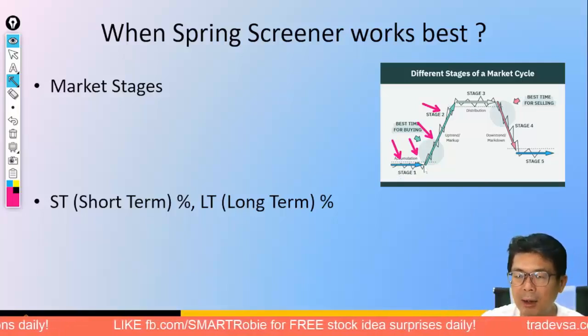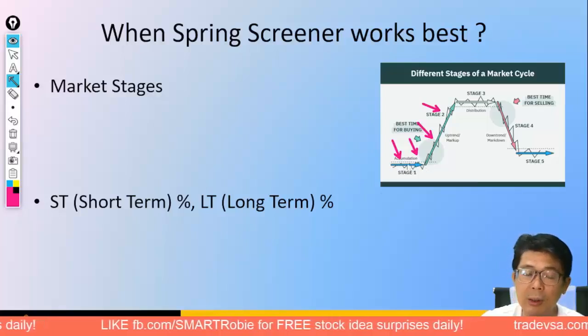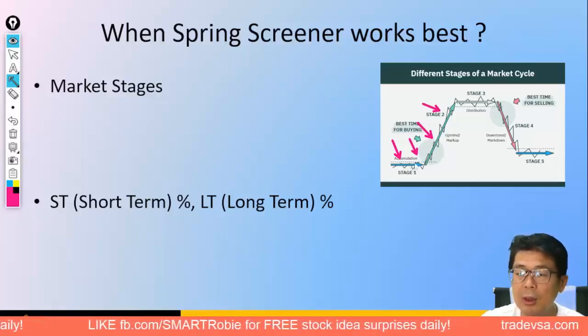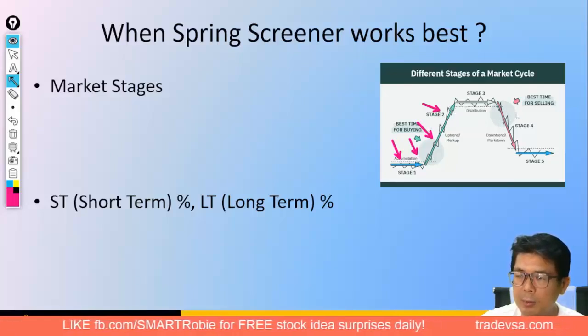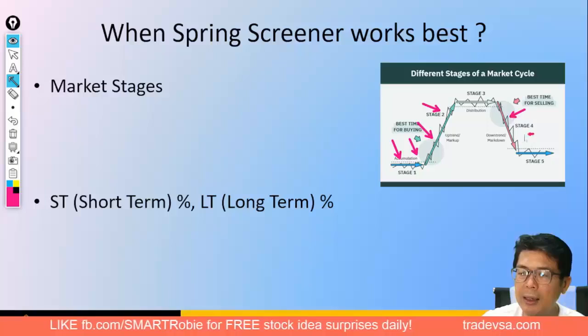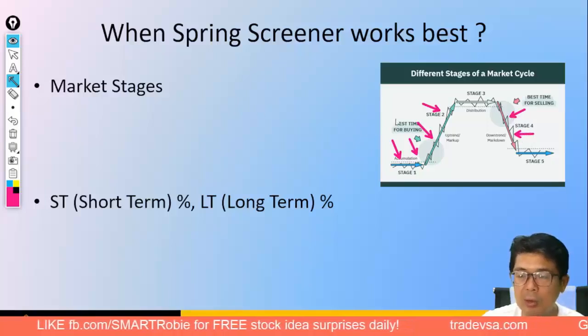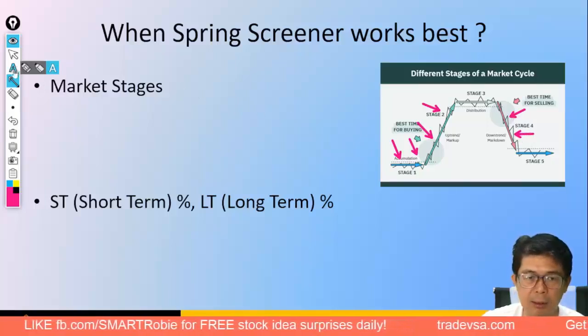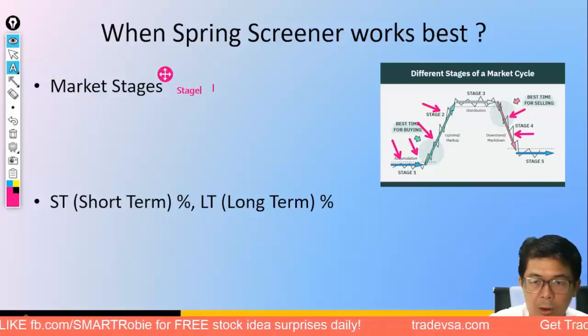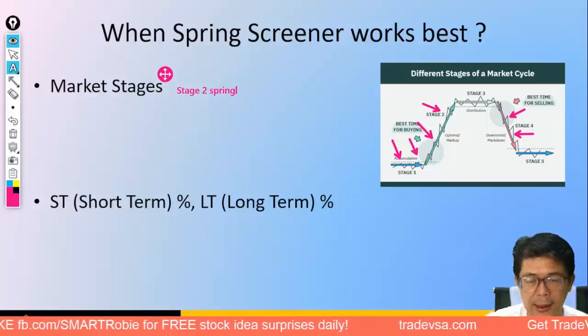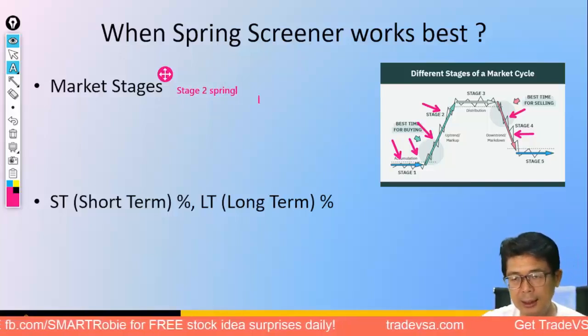But sometimes when you mark it on the sideways, it doesn't go anywhere, it just moves sideways. So you need to know that it is the beginning of a stage 2. The worst springs are those in stage 4, they all fail. Stage 2 and stage 1 are okay, but generally we are looking for the stage 2 spring. The stage 2 spring is the one that we're interested in.